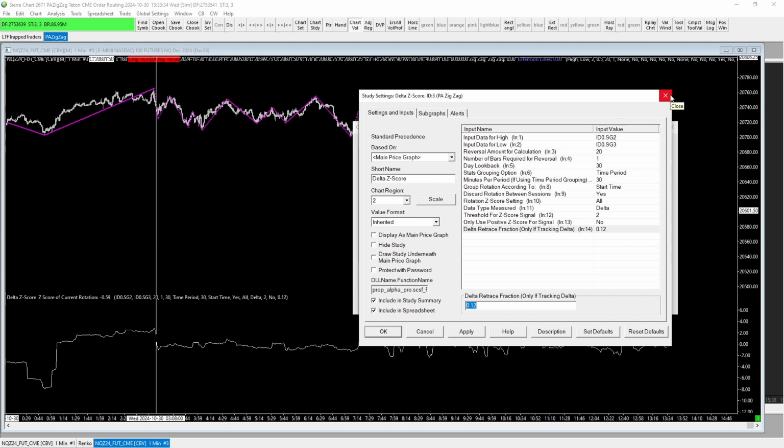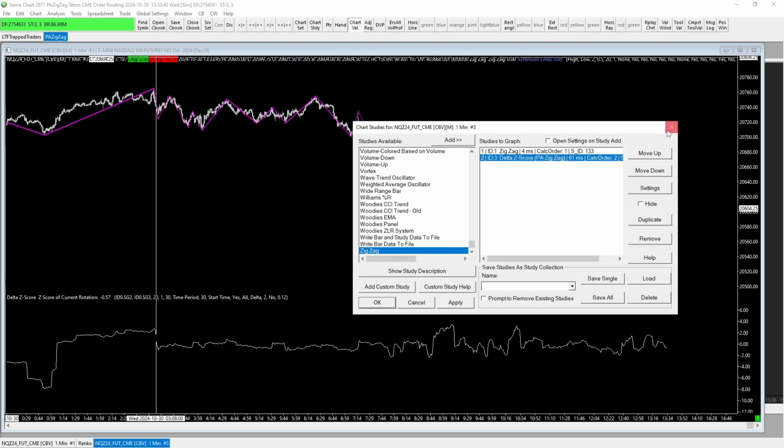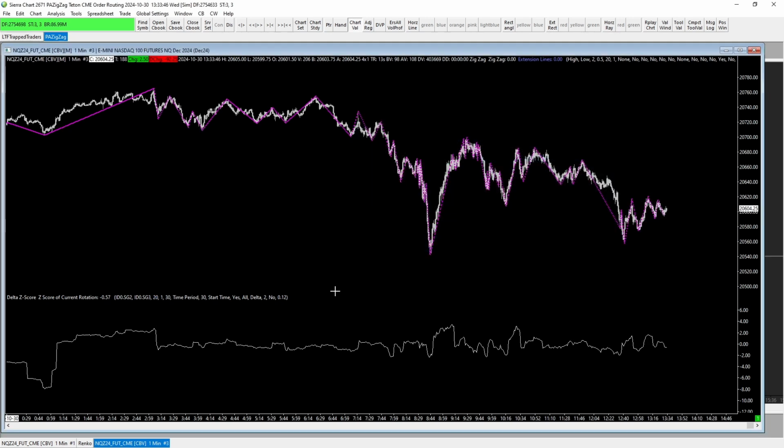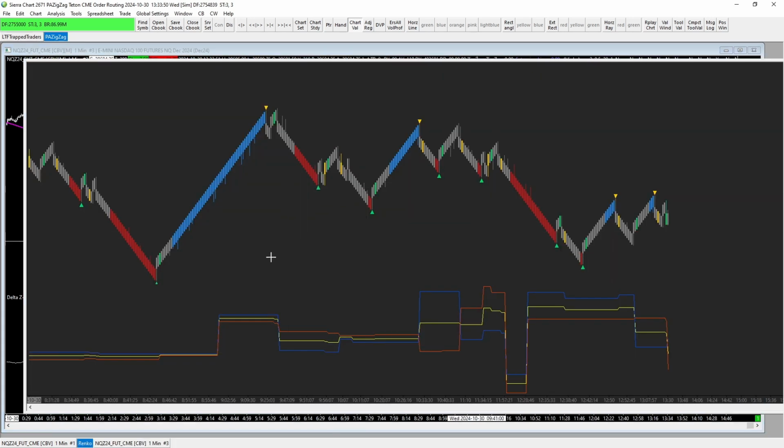So again, if the last leg was negative delta, you wait for the positive delta on the current leg, which is 12% of the absolute value of the negative delta on the previous leg, and then it'll fire a signal.